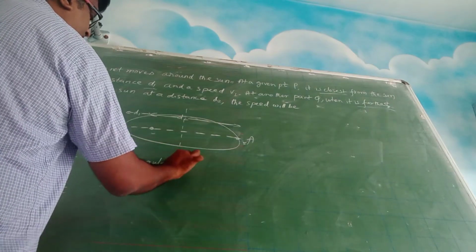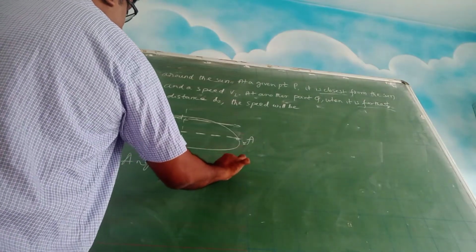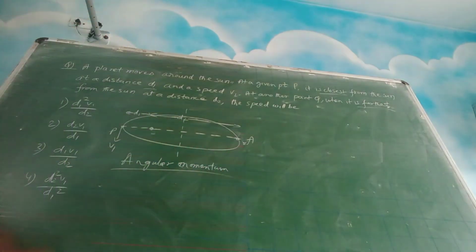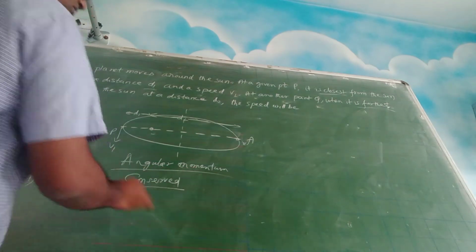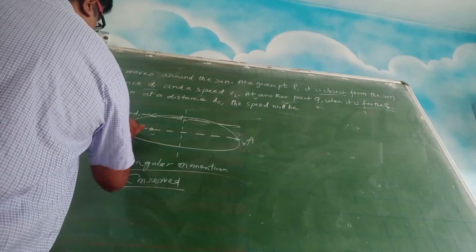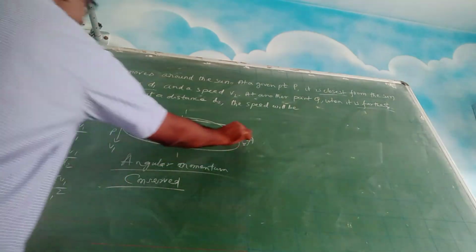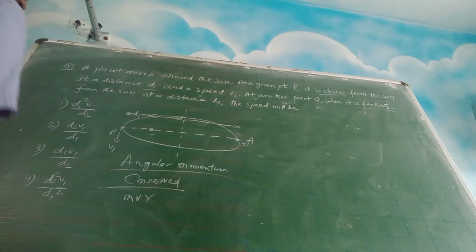You remember this concept, angular momentum is conserved. Conserved means constant. Okay, you calculate the angular momentum of the planet at this location or at this location, it is constant. So angular momentum is mvr, right?